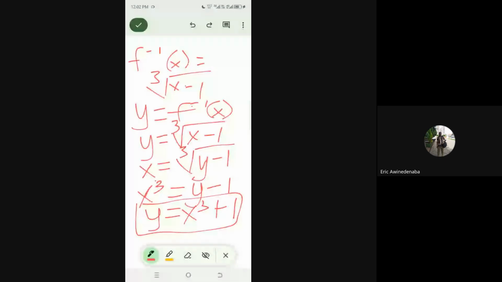If you want to find the inverse of the inverse you found, it will give you back f of x. That is what we did here. So at the end of the day, the inverse of that inverse will give you back your function, which is this. Please, are we okay?